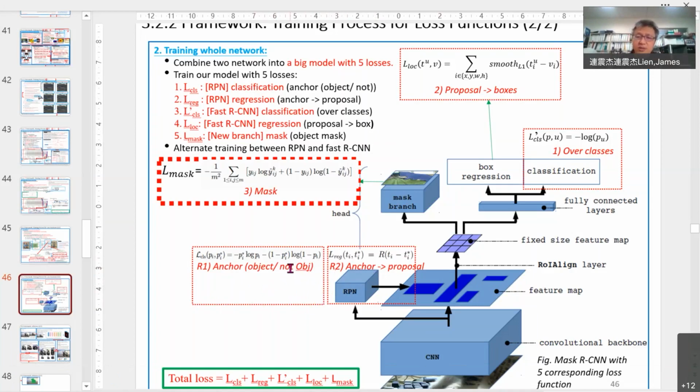Which one is better? The second one is better, but your training time will be longer, and sometimes it's not easy to converge. So be careful because you have 5 losses instead of only 3.